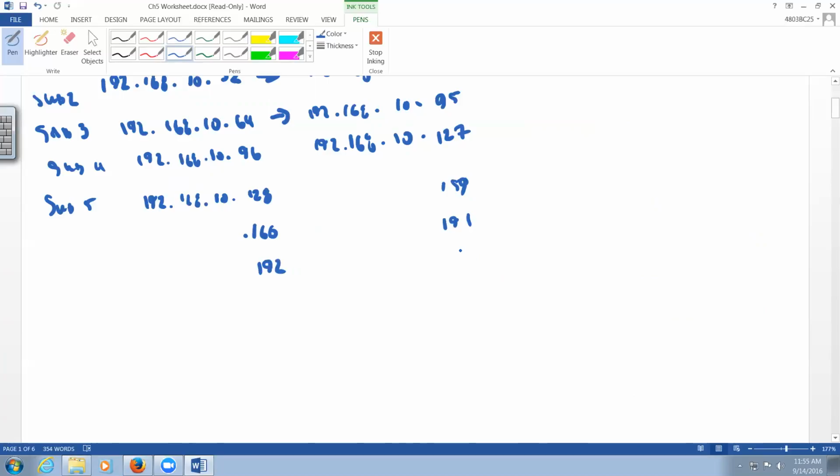And we're going to go to 223. Okay. Then we're going to do 224 plus 31. Oh my gosh, look at that. We got the 255. Those are the 8 subnets now.